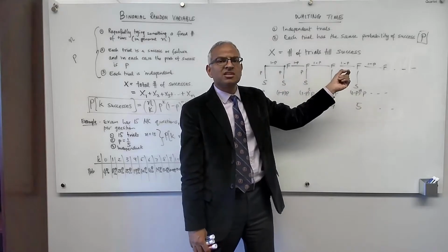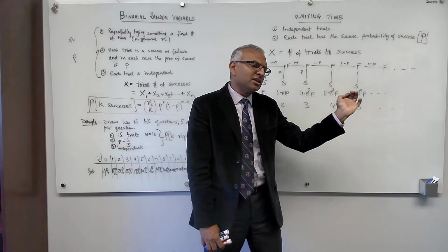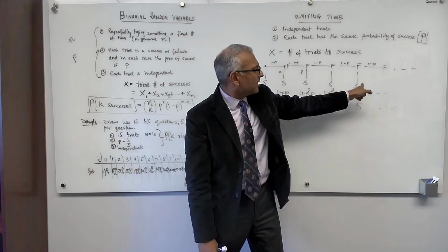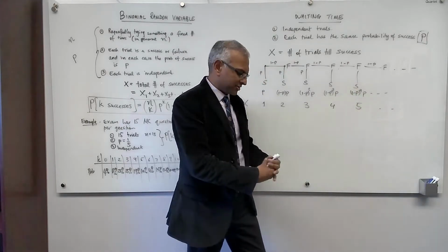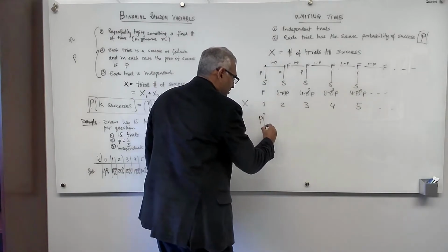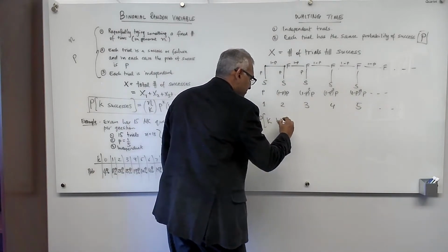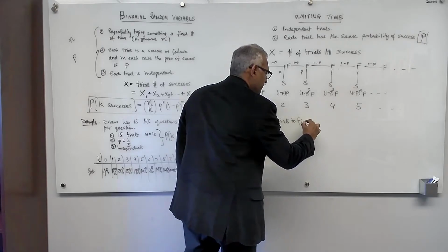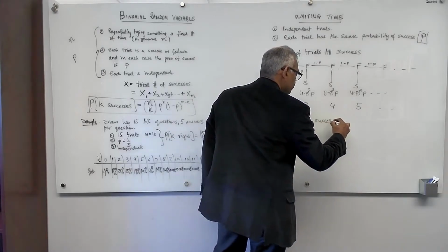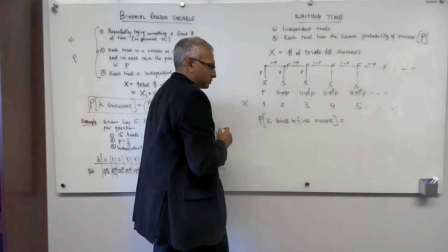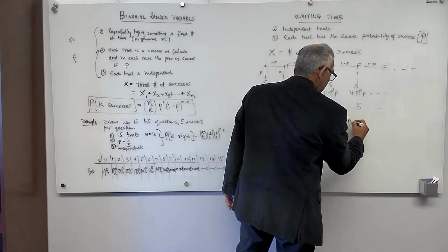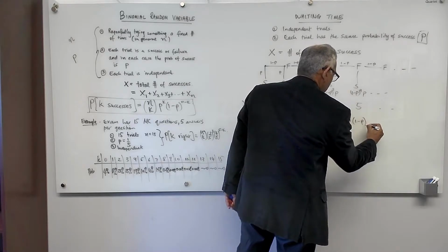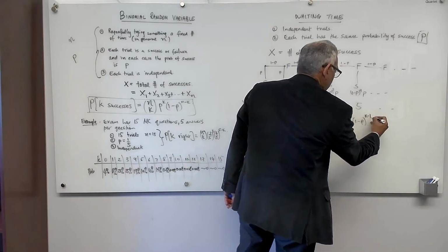Since each trial is independent, the probability of k minus 1 failures is 1 minus p raised to the power k minus 1, and then you succeed with p, and that gives you k trials. So the probability of k trials to first success is exactly equal to p times 1 minus p to the k minus 1.